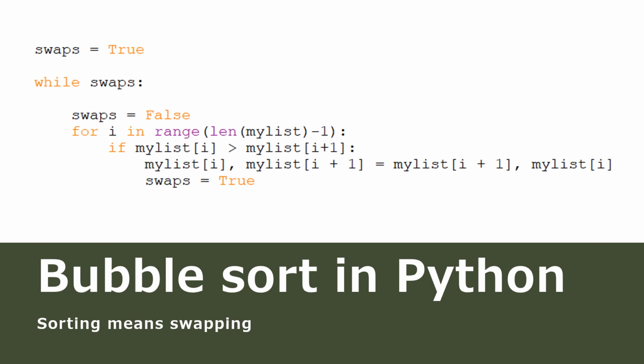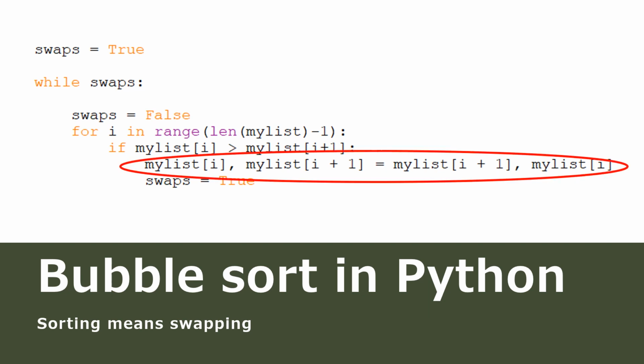Here's the bubble sort in Python. This is the bubble sort program, but what we're doing will work equally well with a bubble sort procedure or function. Remember that any sort routine requires us to swap values, and we keep swapping until the list is sorted. This is the line where the swapping occurs.